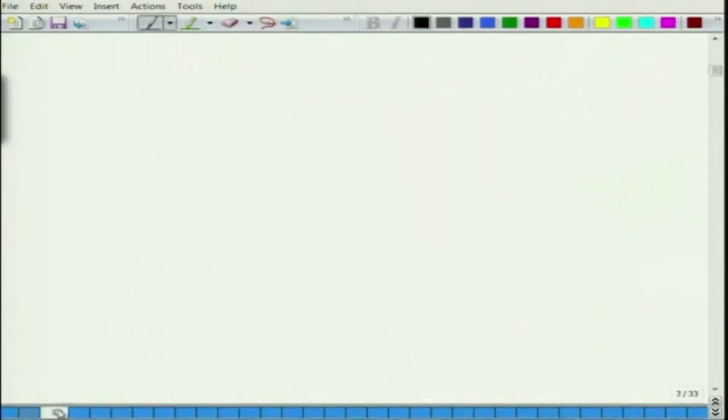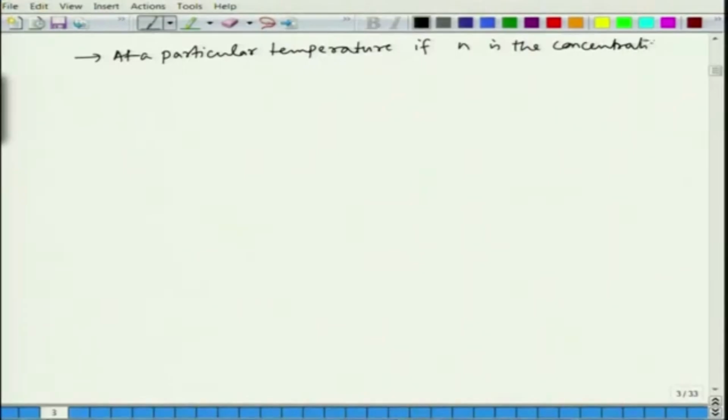So, what we can say is that at a particular temperature, if N is the concentration of electrons, or concentration, what do you mean?